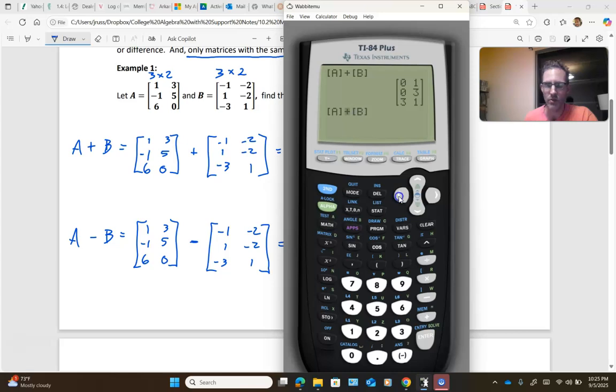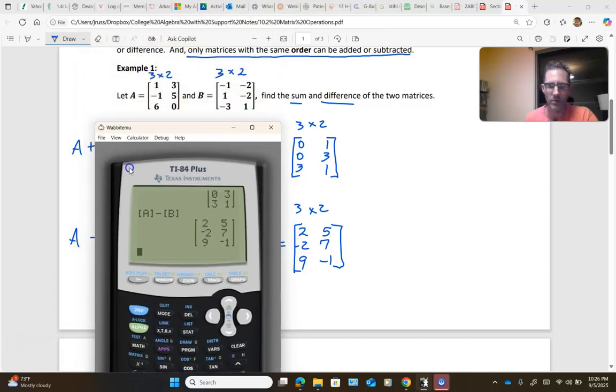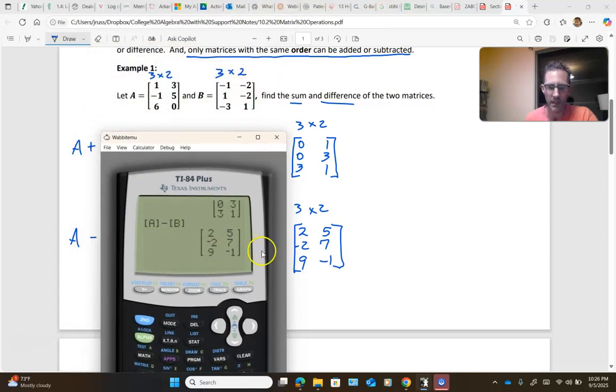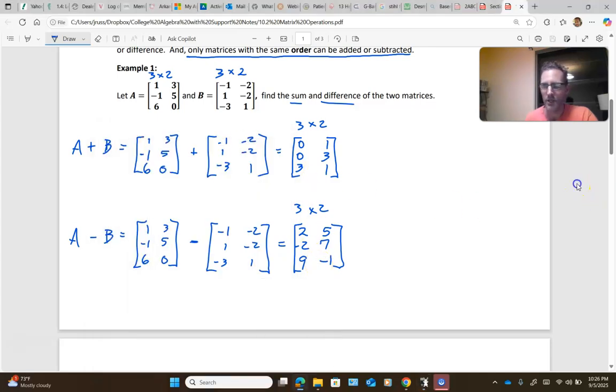You can just scroll over here and replace that plus sign with a minus. So it'll save you a little bit of work. Then hit enter. Now let's compare this with what we obtained earlier. I'm checking, and it matches. So the addition and the subtraction are pretty straightforward.